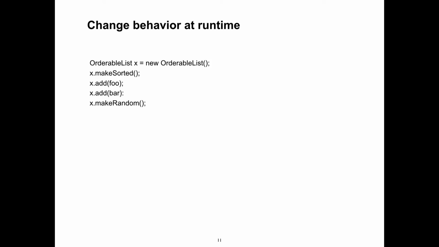We may want to start off with an ordered list that's sorted, and then make it synchronized. So how do we do that, right? In this case, make it random. How do we change our behavior at runtime? If we're just using inheritance, we can't do that, right? Inheritance is a compile time feature. It's fixed at compile time.